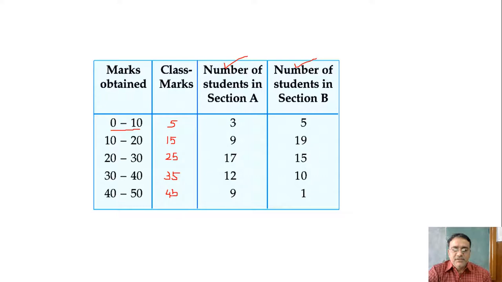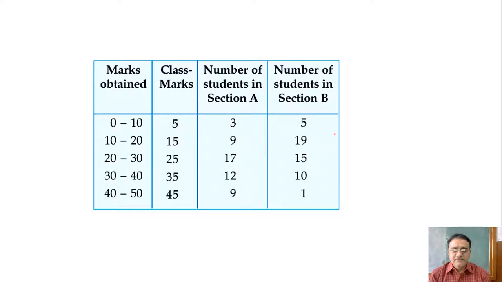So now we have to plot these on the graph paper for the section A frequency polygon, and these for the section B frequency polygon.